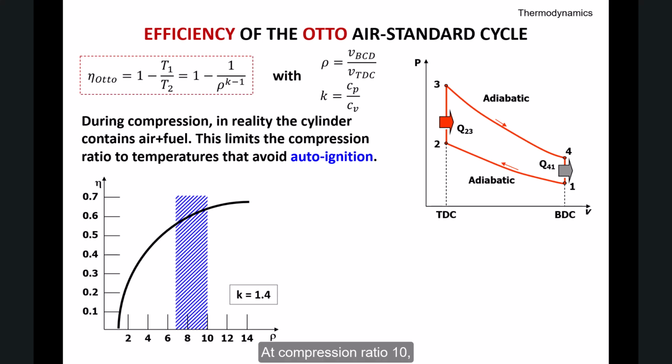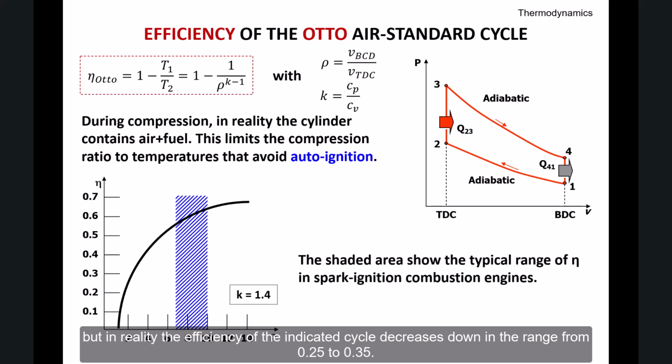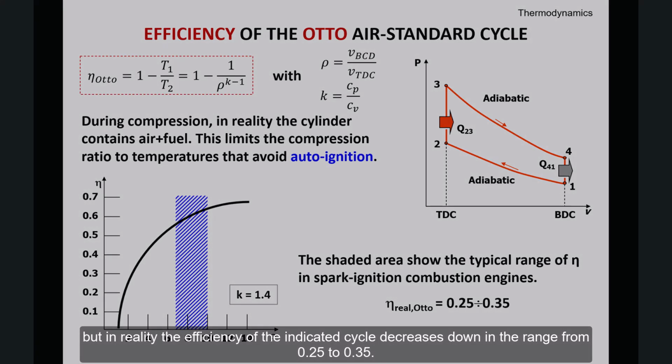At compression ratio 10, the Otto Air-Standard cycle shows an efficiency of 0.6, but in reality the efficiency of the indicated cycle decreases down to the range from 0.25 to 0.35.